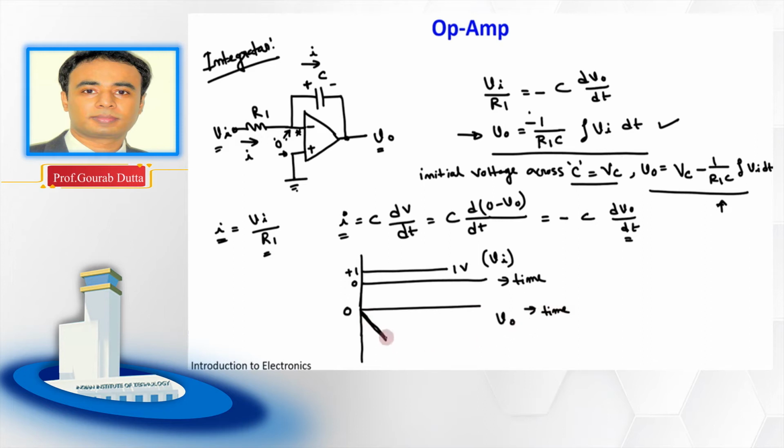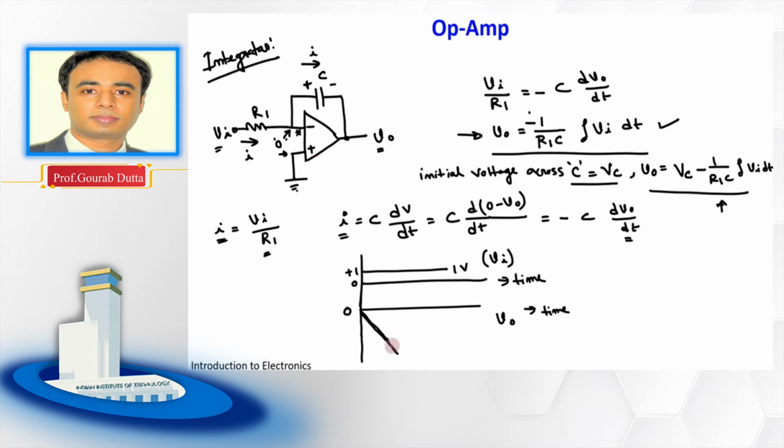Okay, now tell me, can it increase indefinitely? No, right? Because we know that the output voltage cannot go beyond either the positive supply voltage or the negative supply voltage.